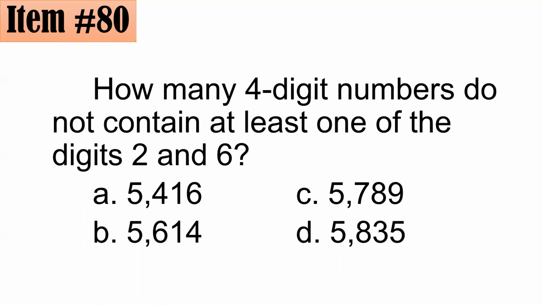Okay, letter E daw. So kapag di alam, letter E. May sumagot ng E at saka B. Okay, E. Actually, this one involves a complement. What we do is find, in this case, how many 4-digit numbers we have.